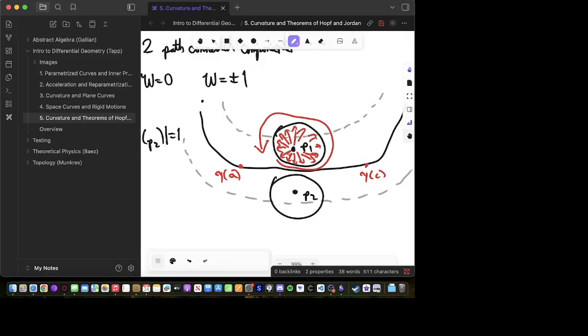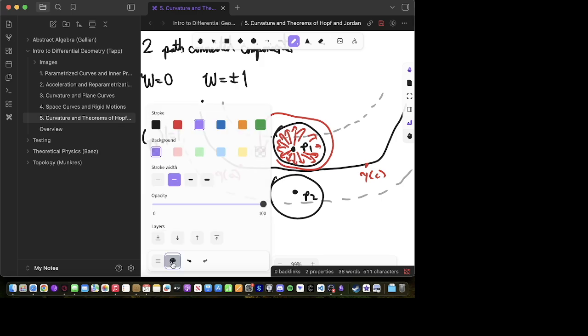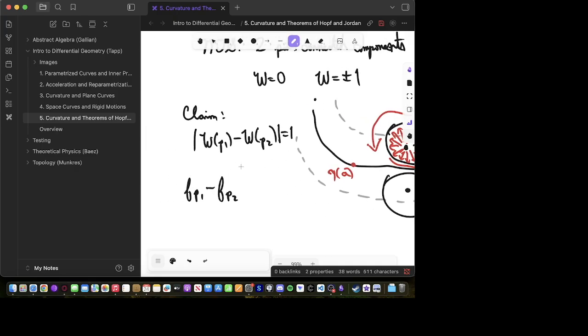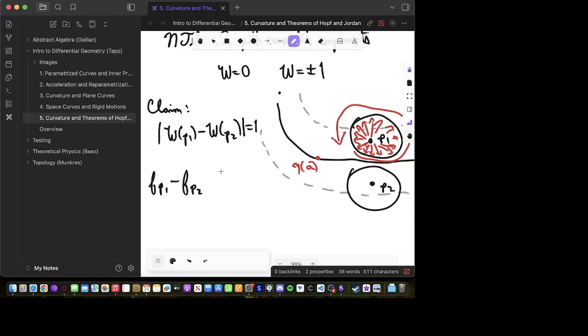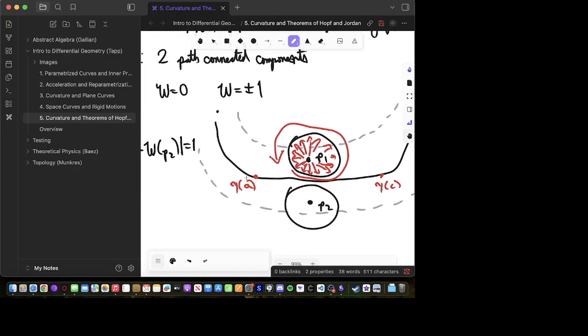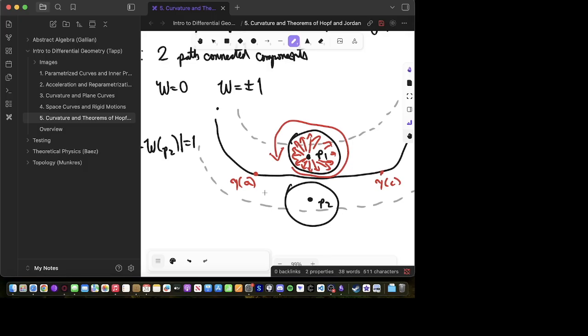But let's look at what happens when we do the negative FP2 part of that. That would basically just be traveling in the opposite direction and looking at how the arrows turn with regard to P2.